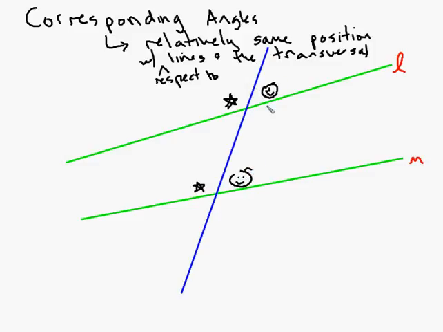See what I mean? These correspond. This triangle, bottom right, bottom right. You getting what corresponding are? Okay, square. Bottom left, bottom left.